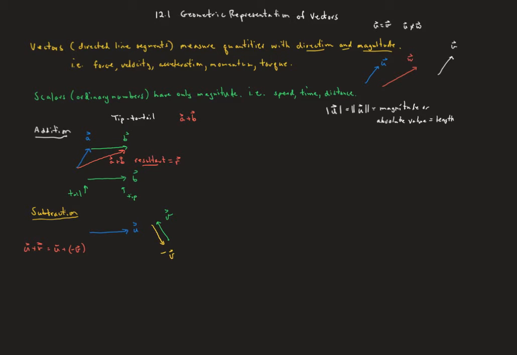It's the exact opposite direction but the same length. Then I can move that negative v vector, got to use your imagination here, so that it goes tip to tail with the u vector, and so then that resultant, remember that's what we get when we add those together, so that red vector is then u minus v.